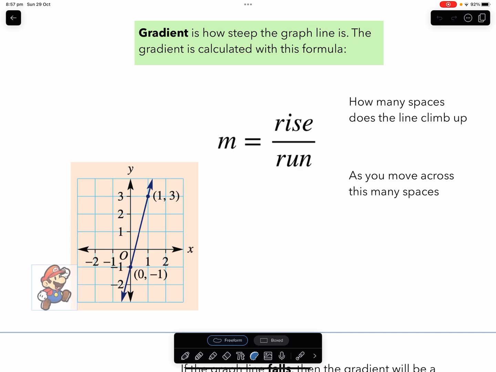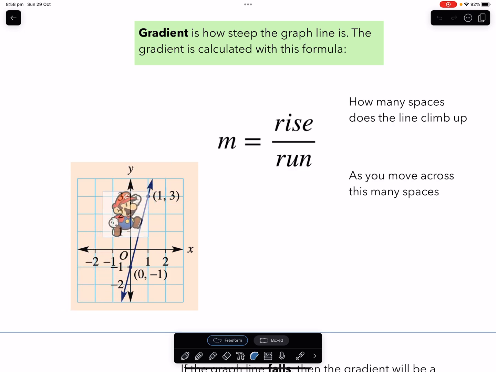Read the graph from left to right, and look at the graph line as if Mario, the character, was climbing it. Would he be going up? Going down? Staying the same? That gives me some indication about the gradient. Here, he is climbing up to follow this line, so the gradient in this picture is a positive number.